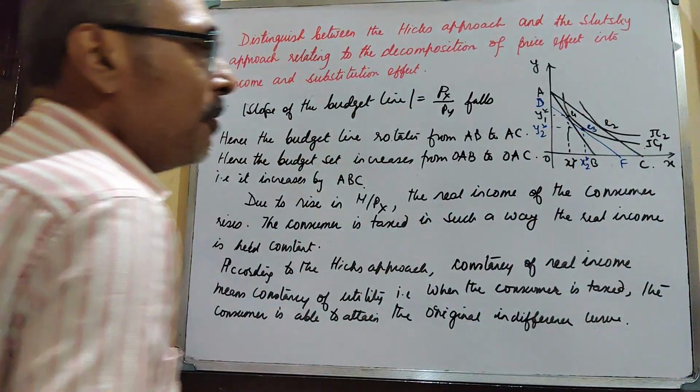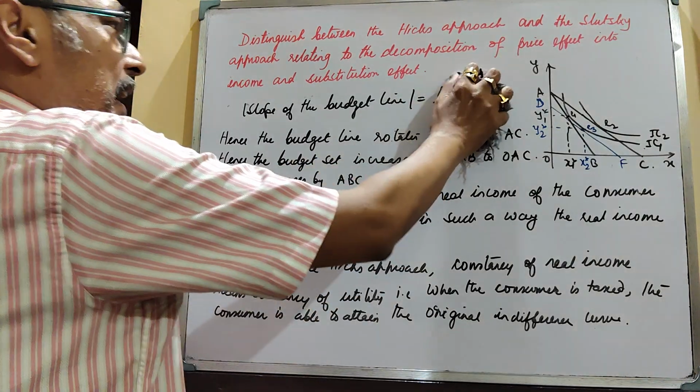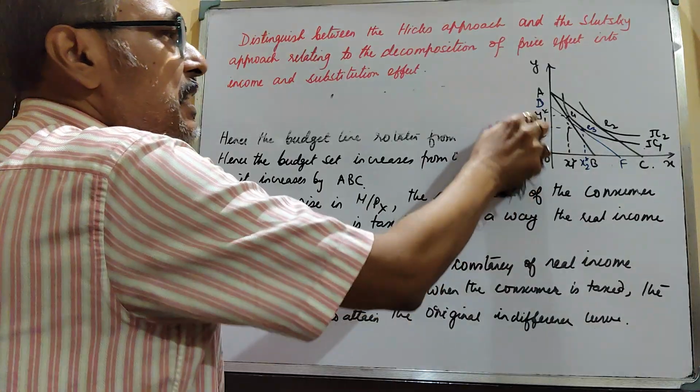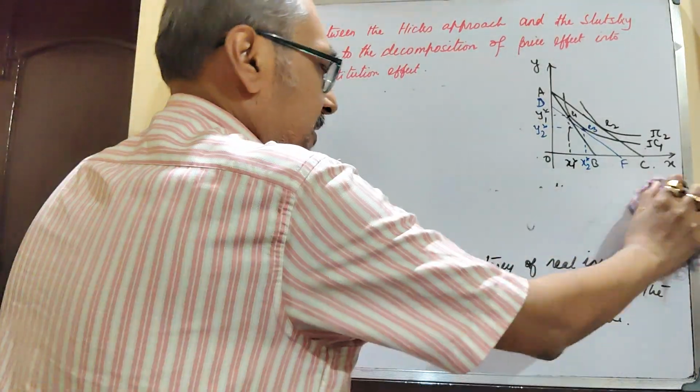The movement from E1 to E3 is called the substitution effect.